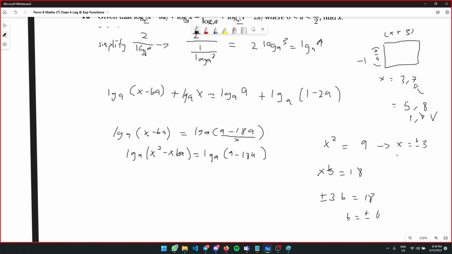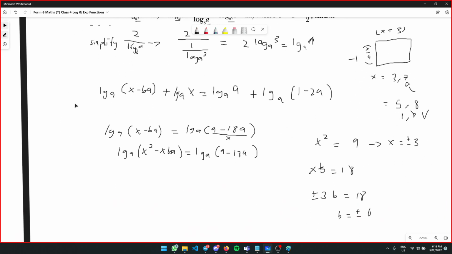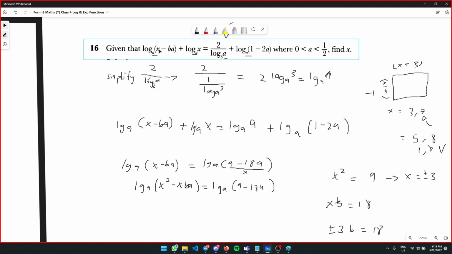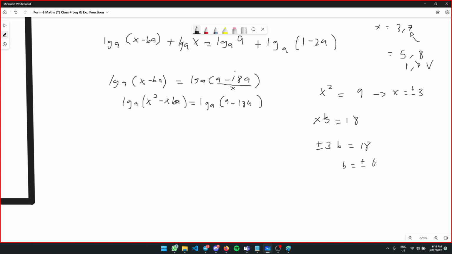Okay, so you have two answers: x equals positive negative 3 and b equals positive negative 6. You don't have to take any part. You can just start from here now: log x plus this one. Let's say we take the negative part. So that's log a, x squared minus x b a.